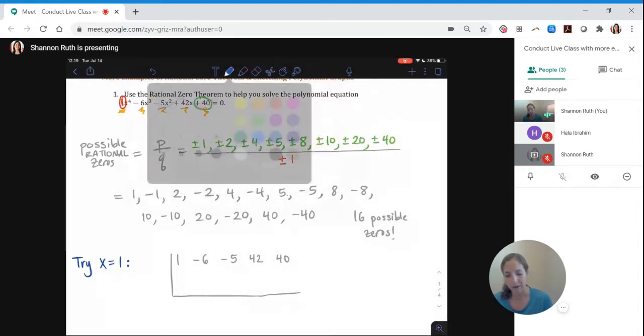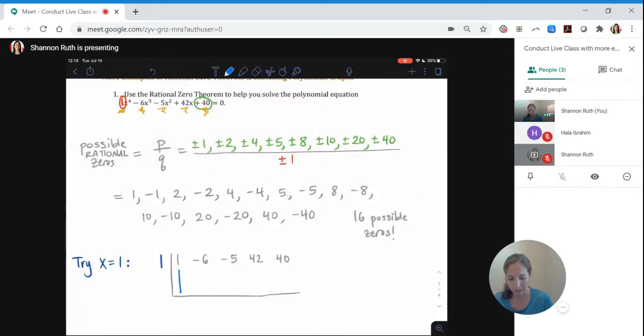So probably everybody's comfortable with this process of dropping, multiplying with the value out front, adding down the column, multiplying, adding again down the column, multiplying, adding, multiplying, adding, and then we get this remainder at the end, which here it looks like it's 72.